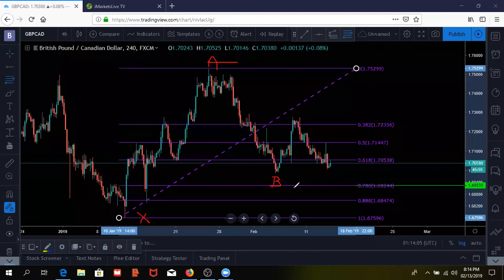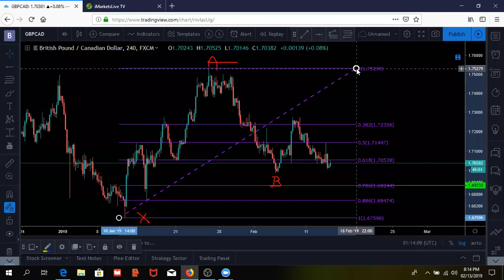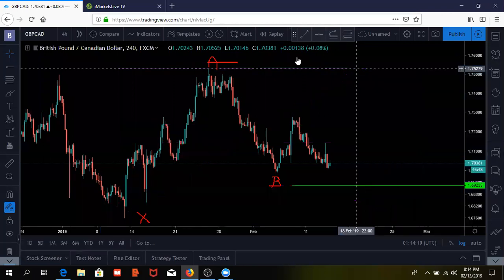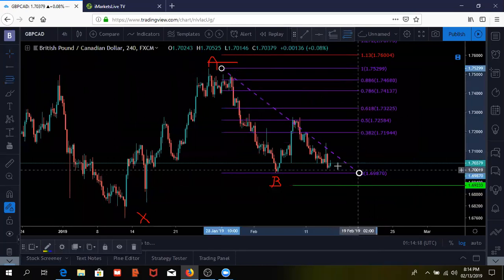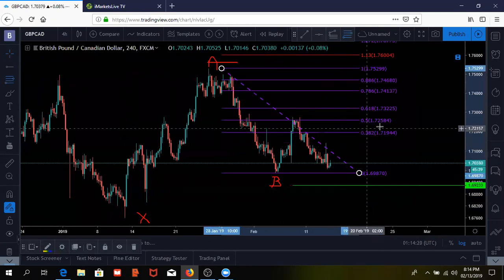My B leg, okay? Now I want to identify my C leg. So I'm going to take my fib from my A to B, taking it from my A all the way up to my B, and I'm looking for who can tell me what level I need for this to be a valid Gartley pattern for my C leg.